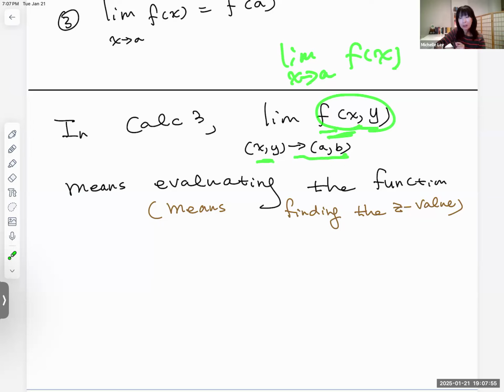It's slightly different, but the same concept. It means we are evaluating the function to find the z value.